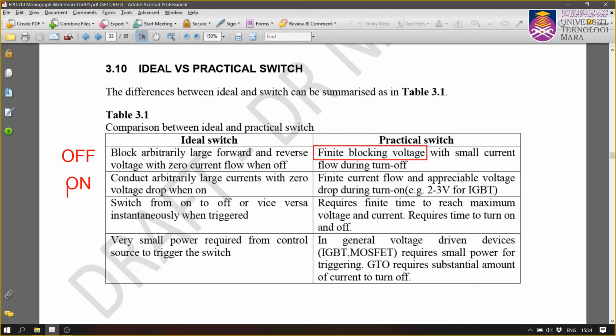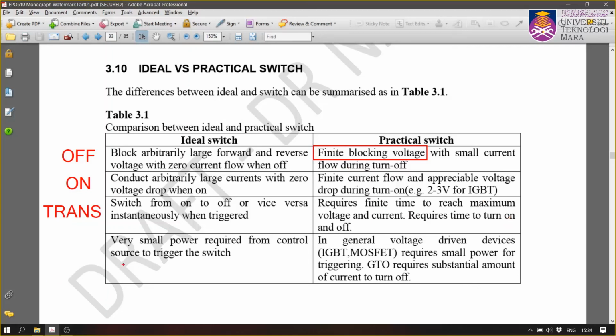In practical it requires finite time to reach maximum. We have seen just now that the voltage rises and the current reduces, so there is a delay in time, isn't it? tC on and tC off contribute to the switching power loss.